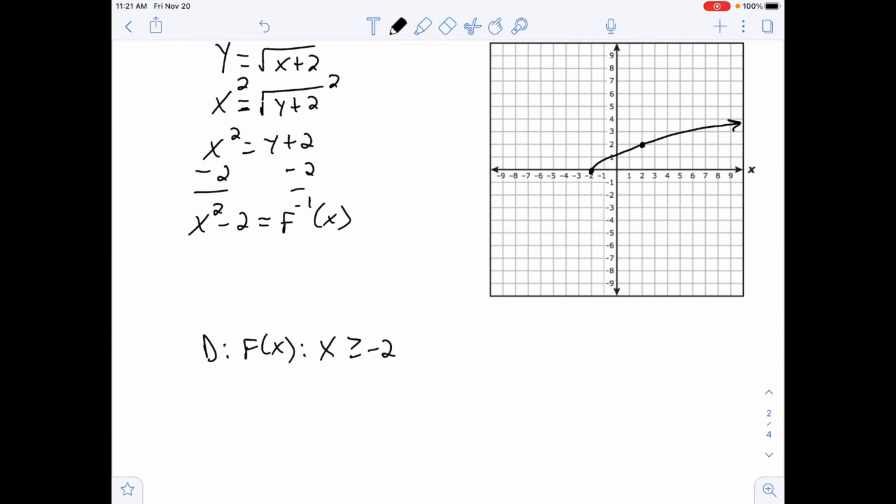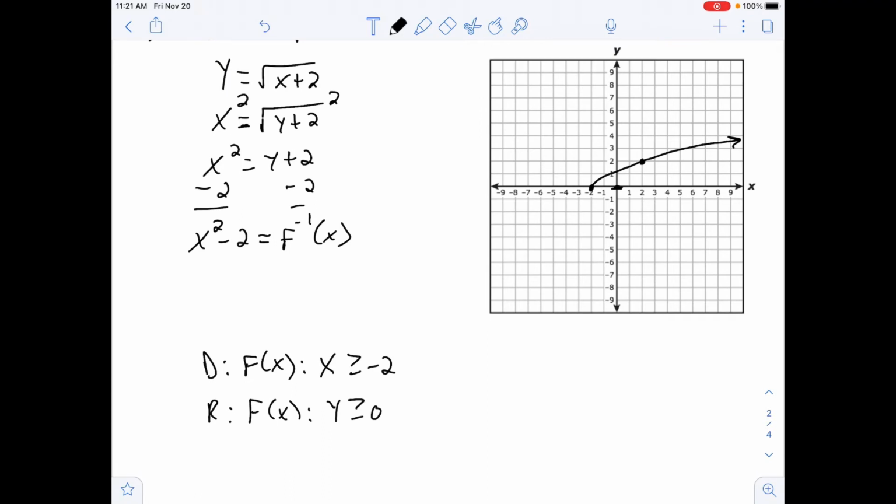So then let's talk about the range. So the range of f of x, you can see that it starts at 0 for y and goes all the way up. So therefore the range is y is greater than or equal to 0. So why does that matter? Because now we know that the range of the inverse is going to be whatever your domain is for f of x.